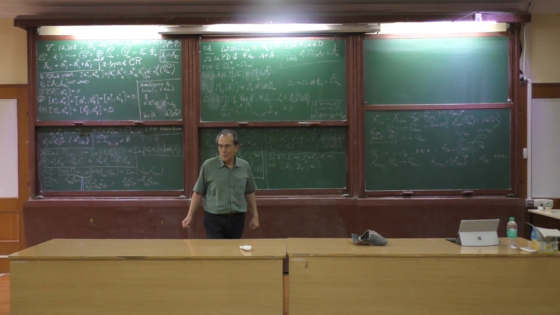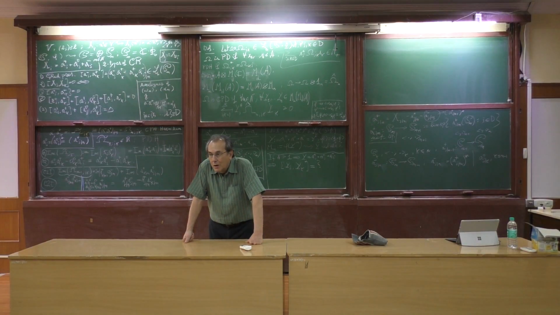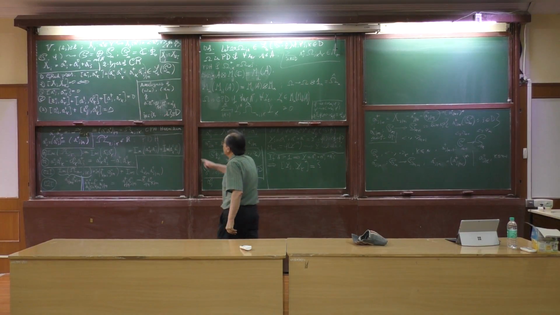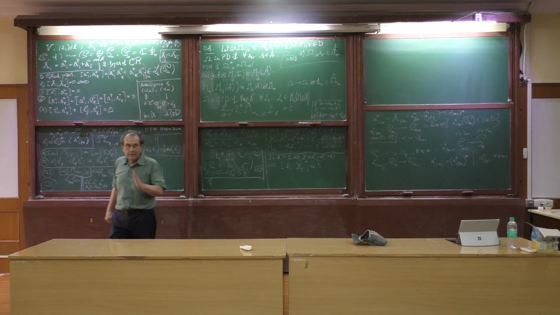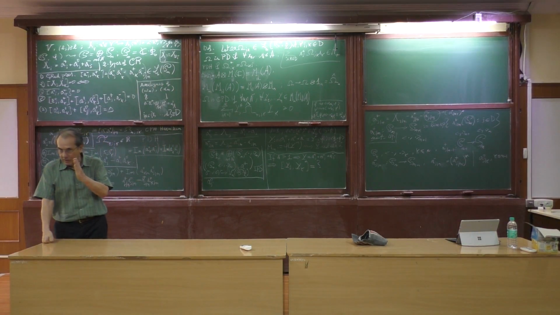So you made the statement that in one dimension, for Jacobi sequences, termination corresponds to the measure being finitely supported? In one dimension, the theorem is that if there exists n such that omega n is 0, the measure is supported in n plus 1 points.